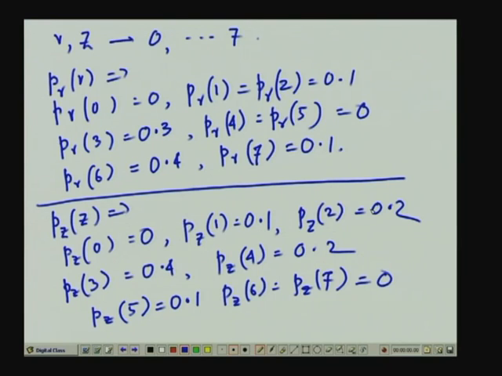Now, our aim is to find out the transformation function or the mapping function from R to Z. For doing this, we follow the similar procedure as in histogram equalization.